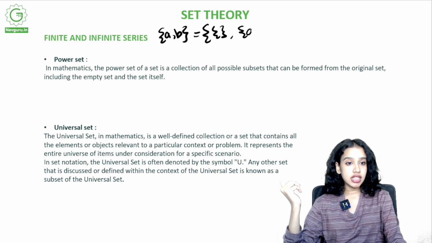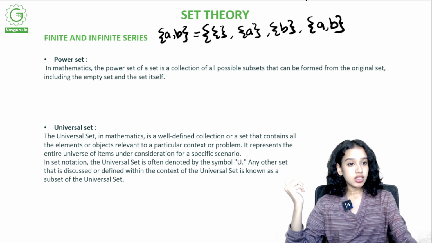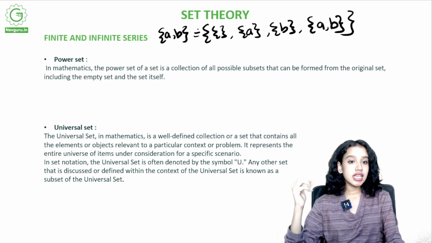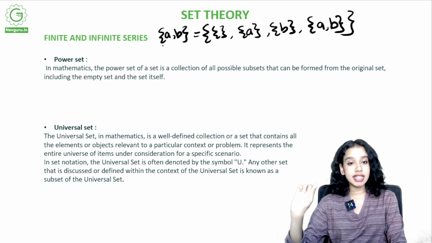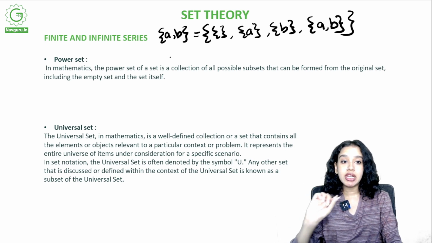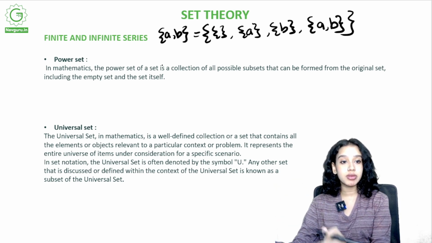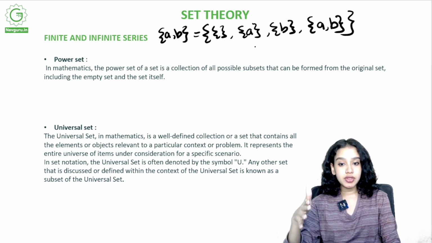Then we have the singleton sets like set A, set B. Then we might have 2 people in the set, A and B, right? So this is the power set of the set AB. Why? Because it includes every possible way a subset could be formed. How many subsets could be formed from here? 4 subsets are formed, right?